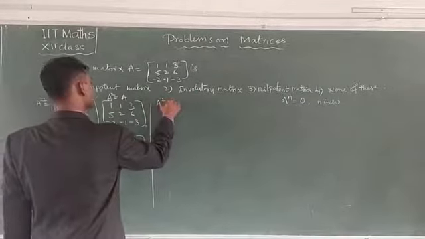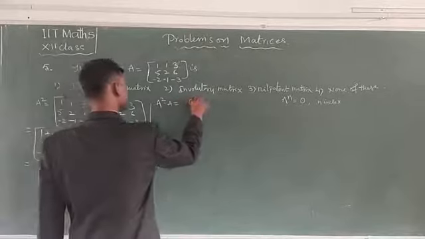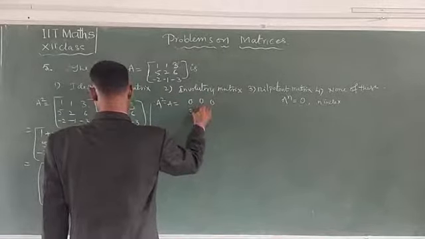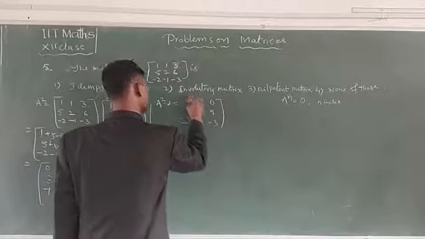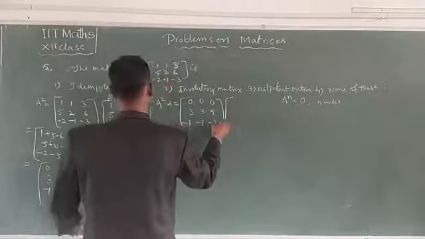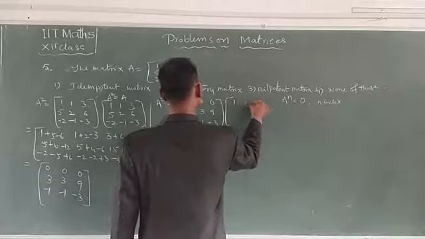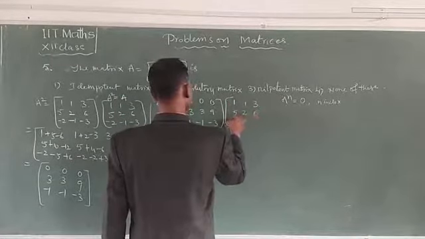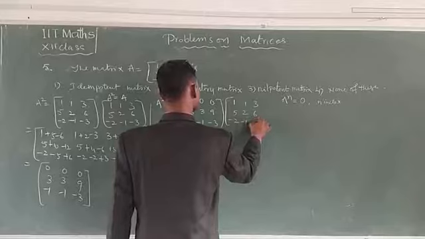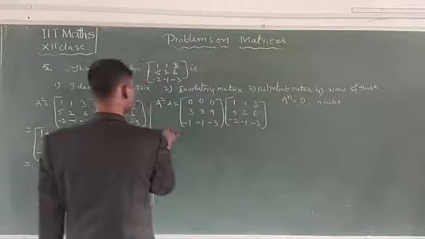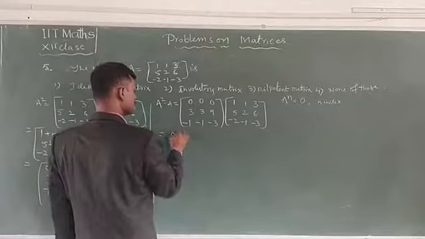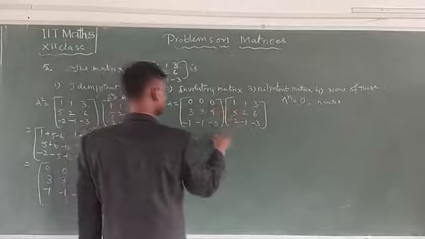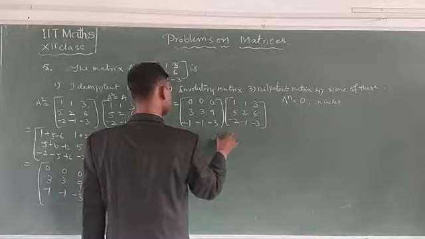A square into A is equal to 0, 0, 0, 3, 3, 9, minus 1, minus 3 into A, which is once again 1, 1, 3, 5, 2, 6 and minus 2, minus 1, minus 3. This is equal to 0 and all zeros, 0 plus 0 and here also 0 plus 0 plus 0.